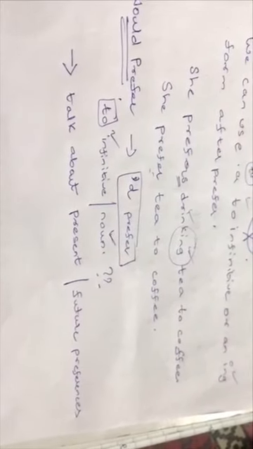And when we are going to use would prefer, whenever we talk about present or future preferences. Correct? So whenever we are talking about our present or future preferences, we are going to use would prefer. Correct?